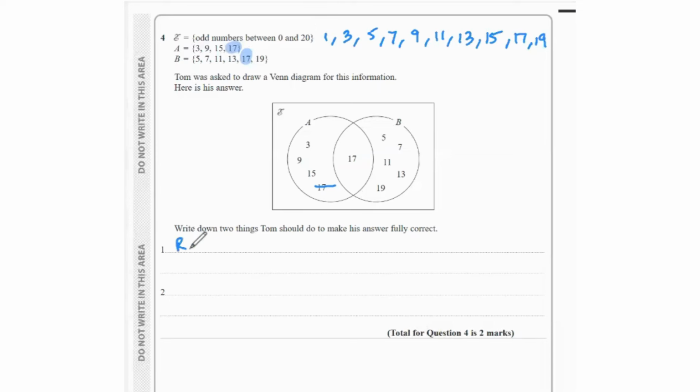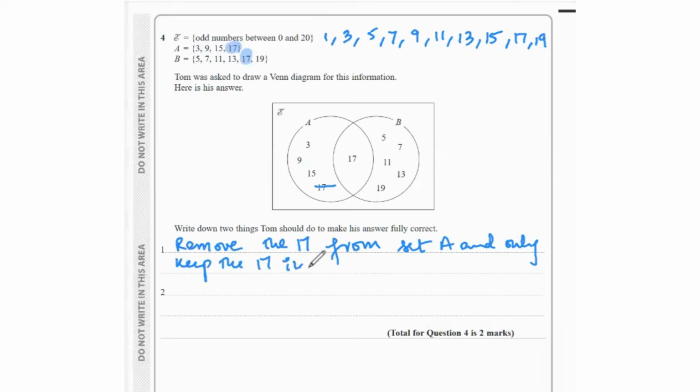So remove the 17 from set A and only keep the 17 in the common region, and include 1 outside set A and B.